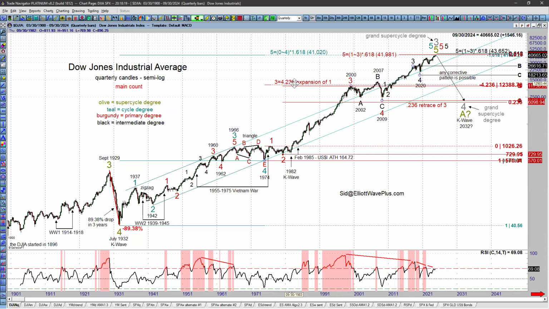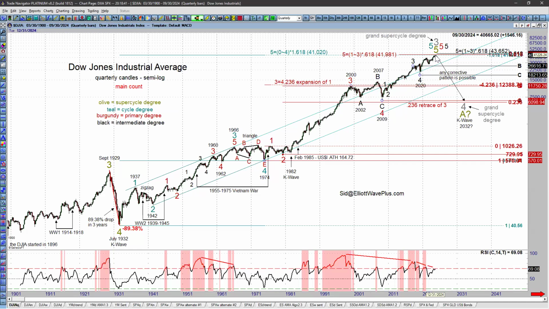It was a 4.236 expansion off the top of wave 1, almost exactly. Then an ABC for a wave 4. That wave 4 was almost exactly a 0.236 retrace of the entirety of wave 3. So these Fibonaccis are very close on this peak and on this trough.